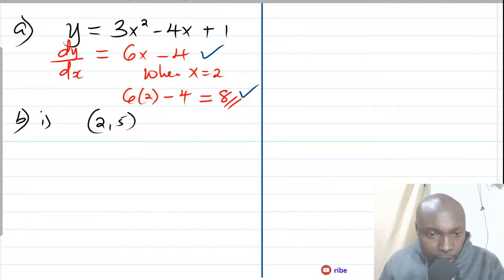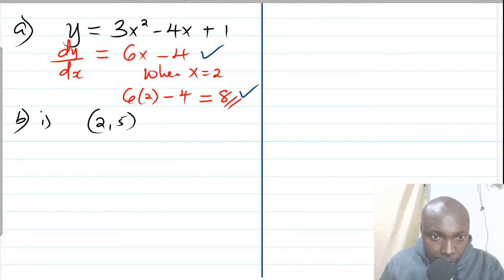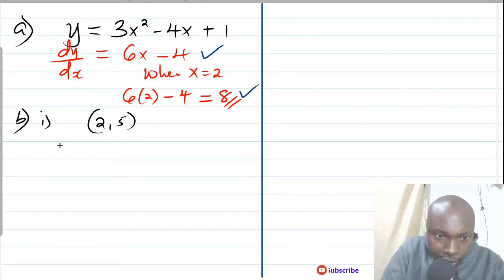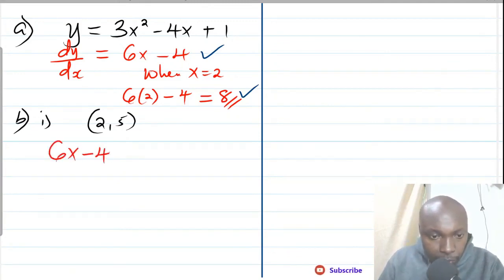So to get the equation of the tangent, we need to get the gradient of the tangent. We get it using the gradient function. So the gradient function of this curve will give us the gradient of the tangent. The gradient function of this curve, which is given as 6x minus 4, when we substitute the value of x in that function, we shall get the gradient of the tangent.